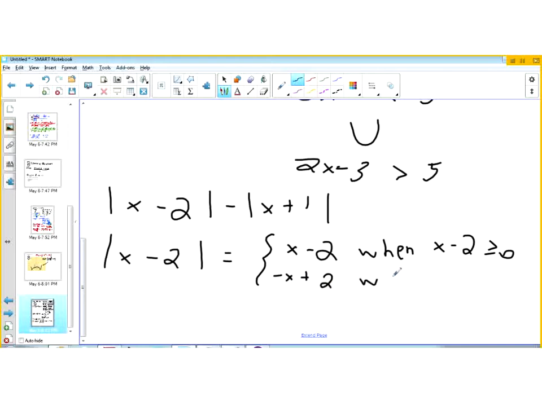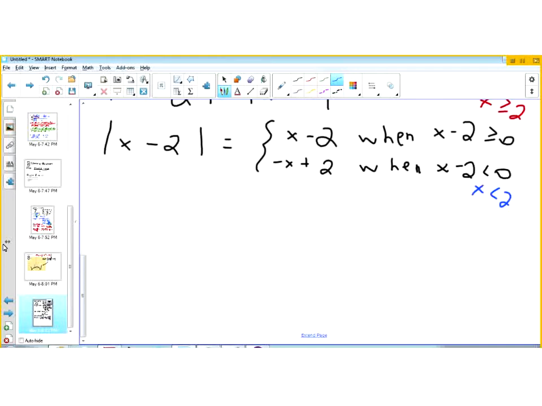And it's equal to negative x plus 2 when x minus 2 is less than 0. Okay, so x minus 2 greater than or equal to 0, that's the same as saying x greater than or equal to 2, right? So we can simplify this inequality here. And x minus 2 less than 0, that's the same as saying x less than 2. So we'll make those annotations.